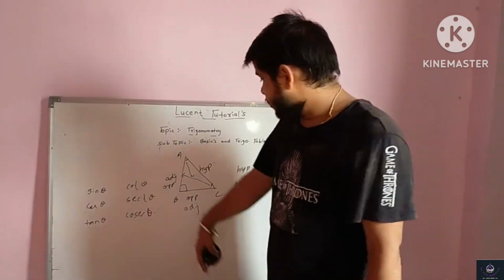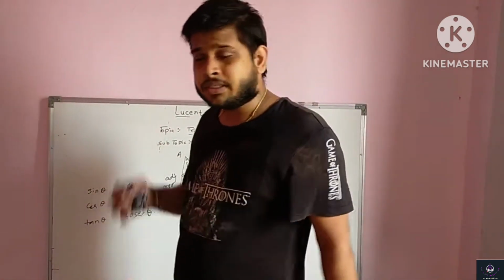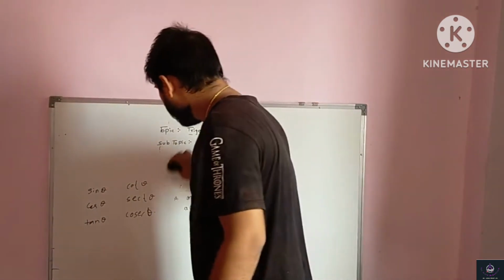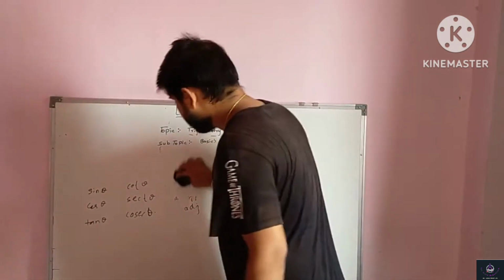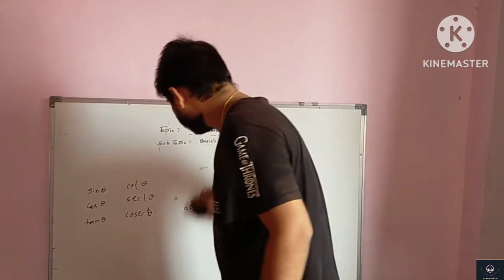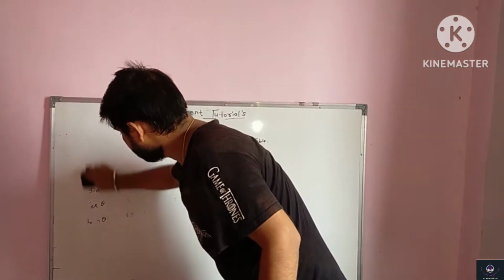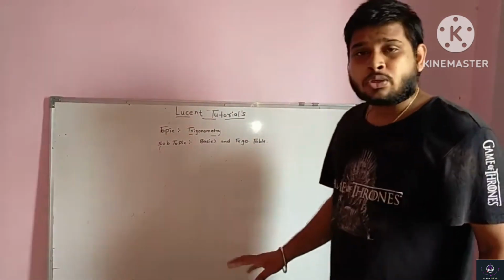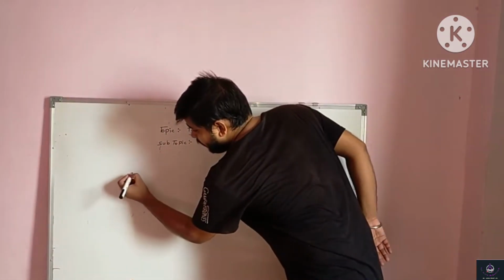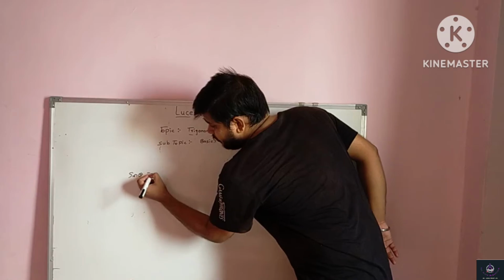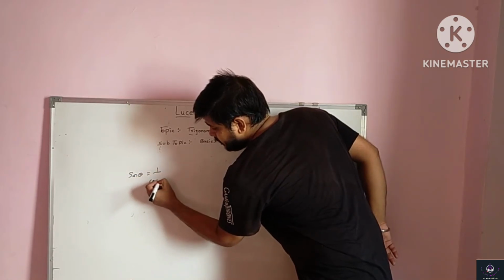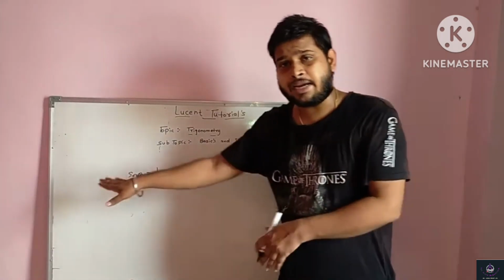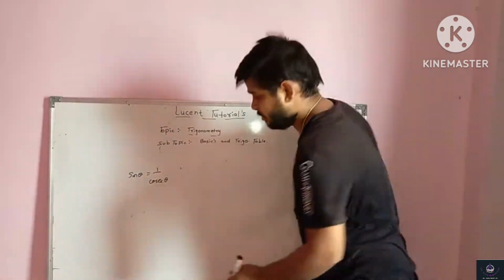Next we will talk about these trigonometric ratios, some formulas. I am going to write all the formulas on the basis of this. Okay. So we have the formula sin theta, which we can write as 1 upon cosec theta, or we can say that sin is the reciprocal of cosec.